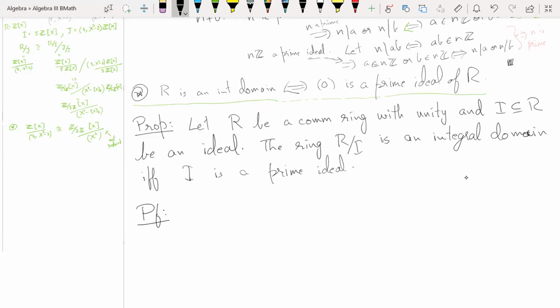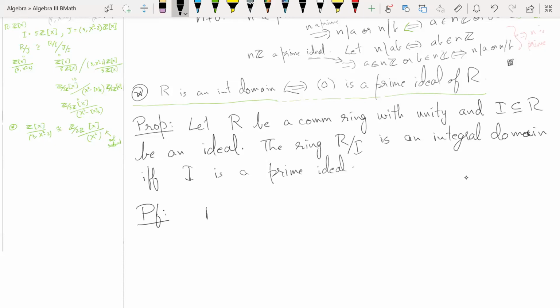As I said, it's a sort of decorated version of the previous statement, so the proof will also be one line.